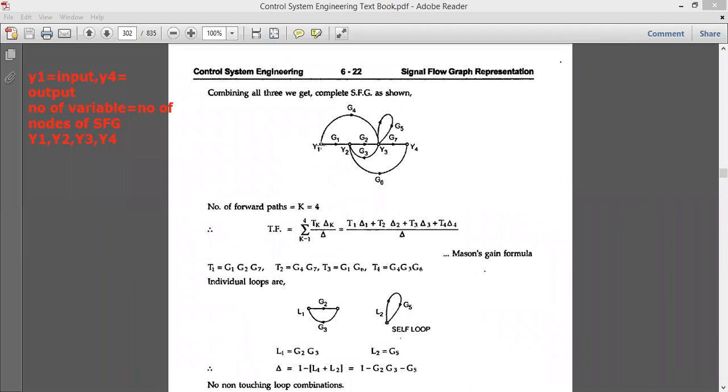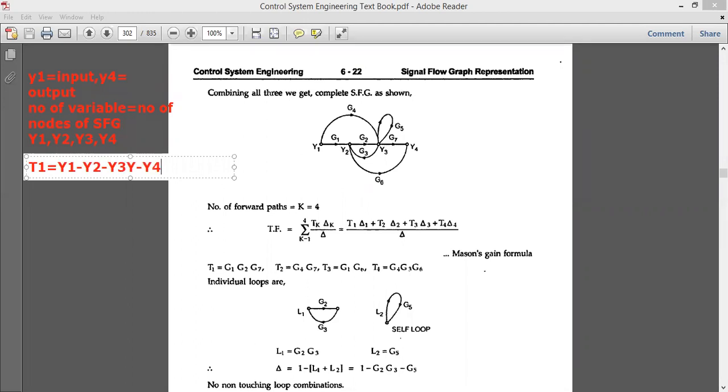It starts at point y1, right here. That is t1. The first forward path is given by t1 equal to y1, then y2, y3 and y4.